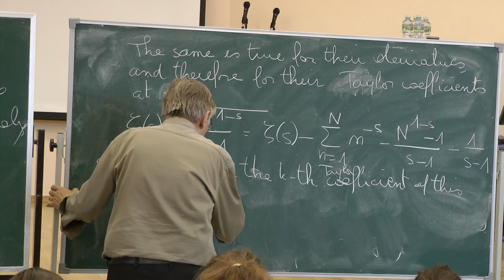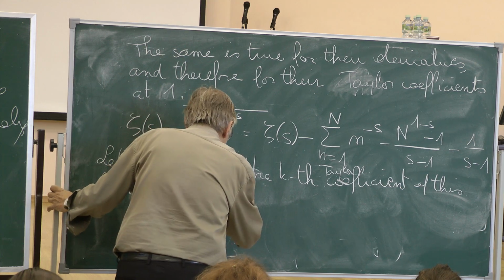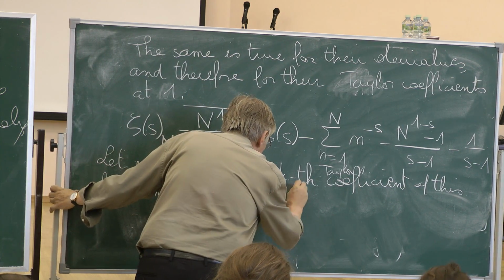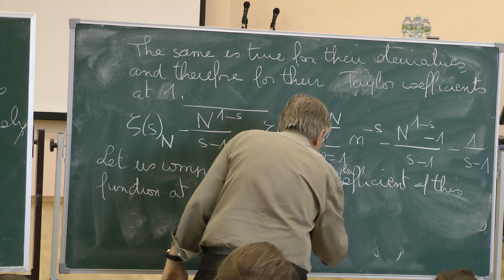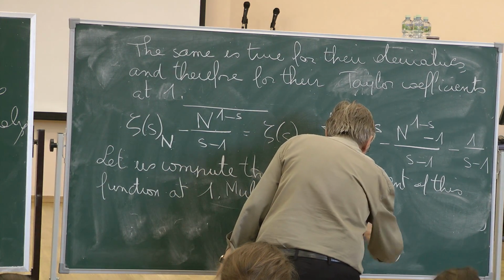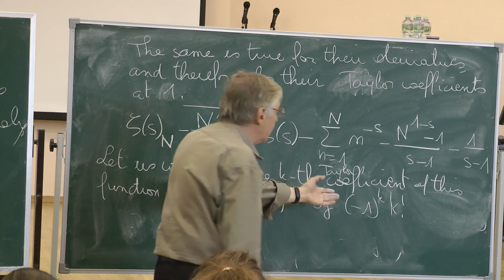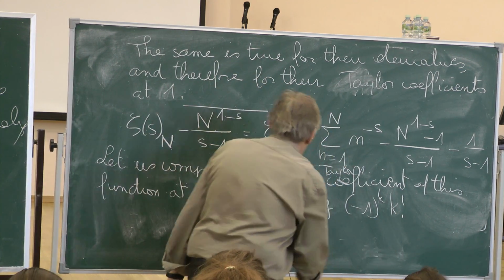And multiply it by minus 1 to the power k times k factorial, so that we eliminate these things.